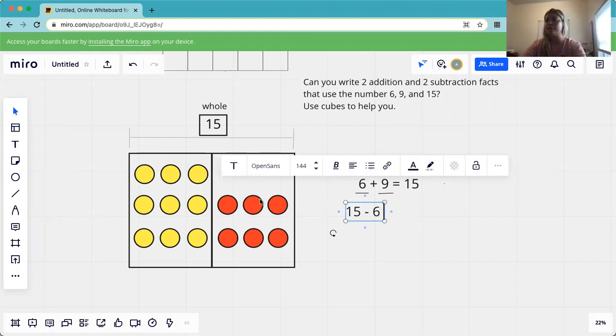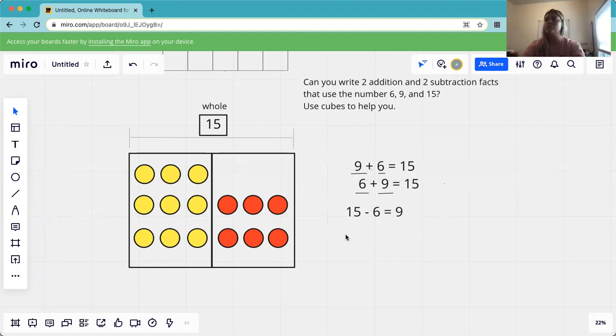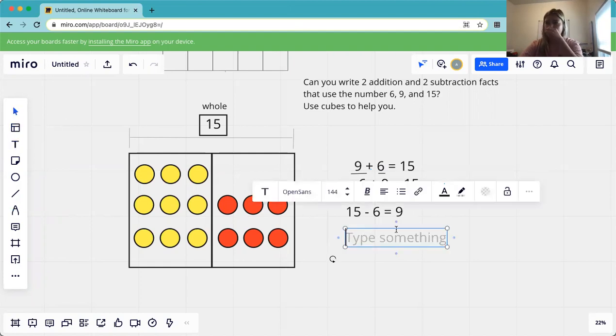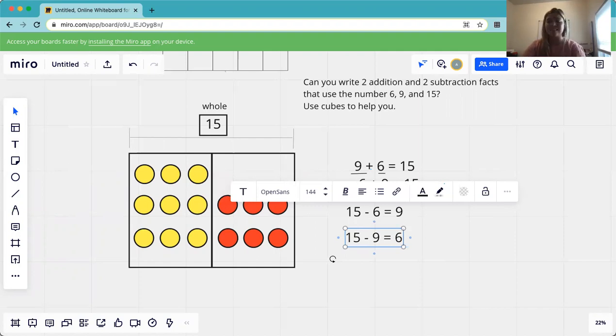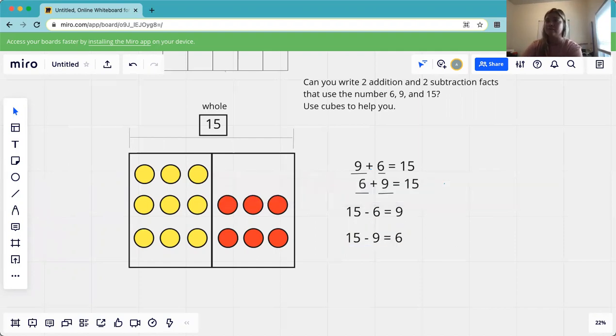We got rid of these 6 right here, and we could have 9. Or I could do 15 as my whole, minus 9, my yellow 9, and I would be left with my red 6.